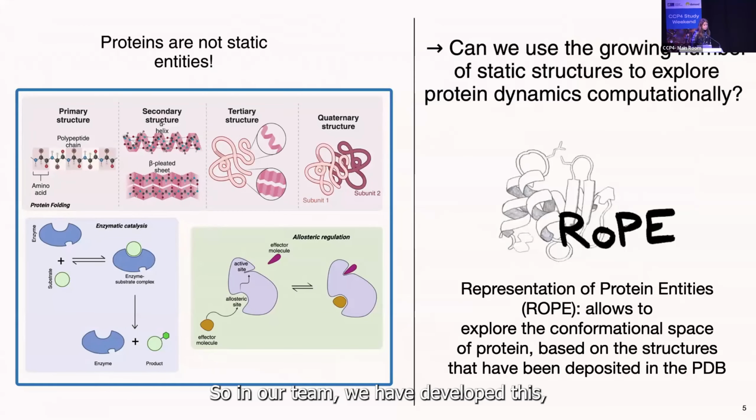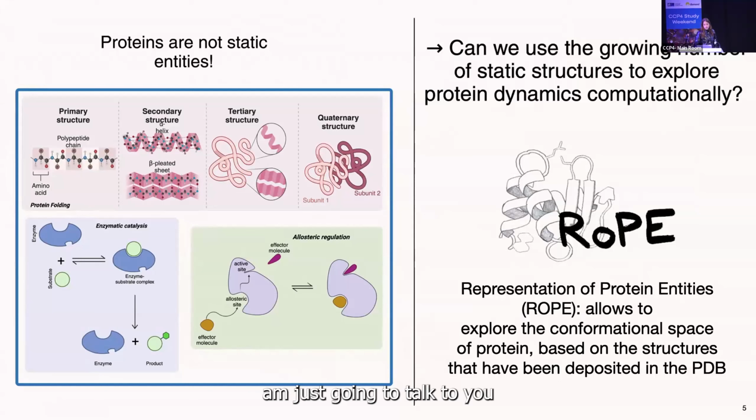So in our team, we have developed a software called ROPE, which stands for the Representation of Protein Entities, and is a torsion representation of the protein instead of an atomic one. This allows us to explore the conformational space of the protein based on the structures that have been deposited on the PDB or a structure that you might have solved.